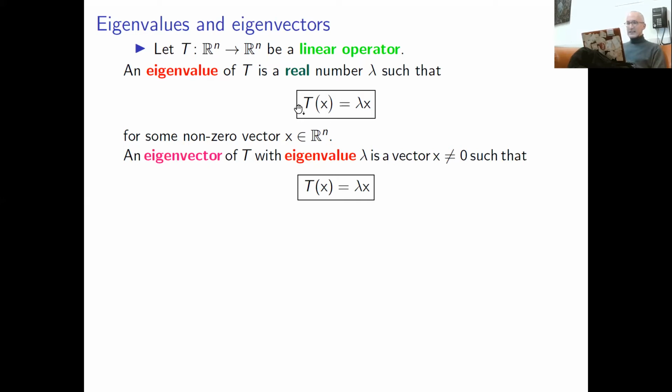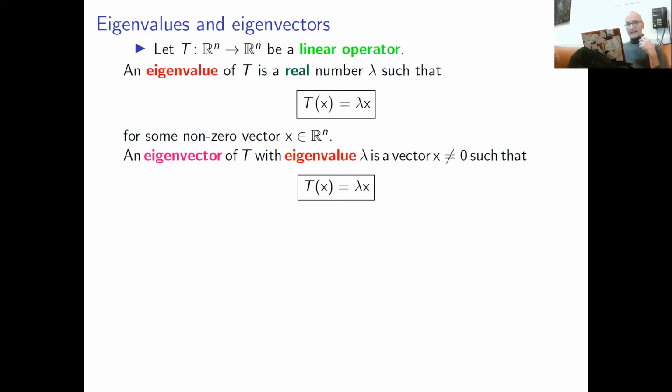And the vector x in this boxed formula is said to be an eigenvector of T. Very important observation: if x is your eigenvector and you multiply it by some number, it's again an eigenvector. And of course, I forgot to say, we say eigenvector with eigenvalue lambda.